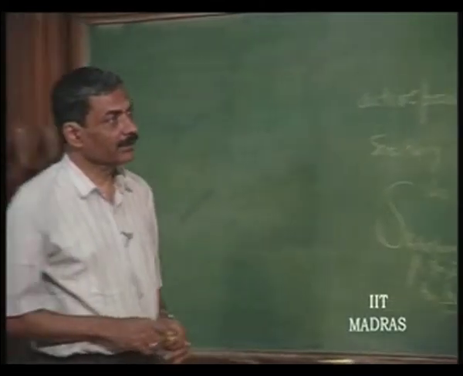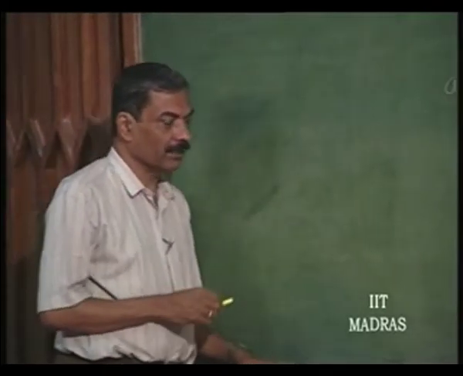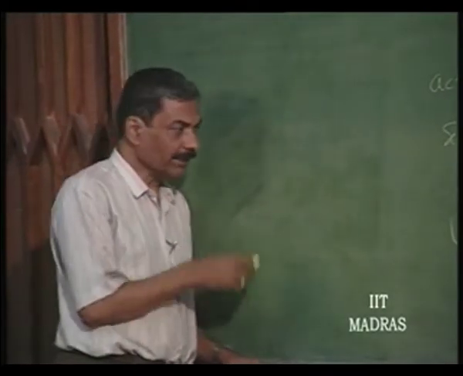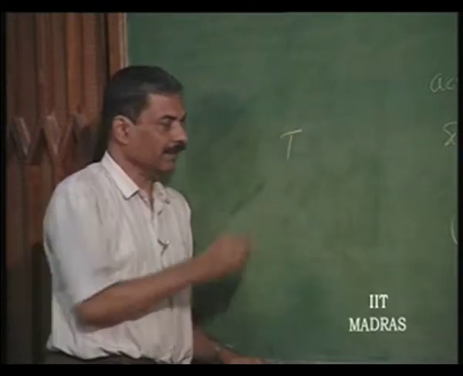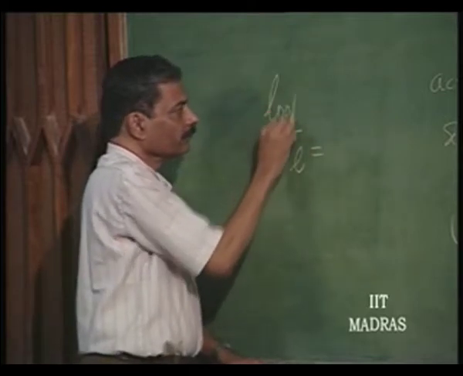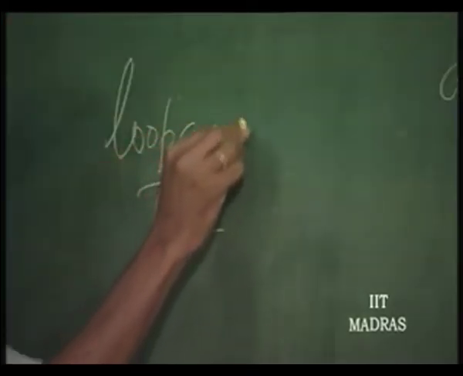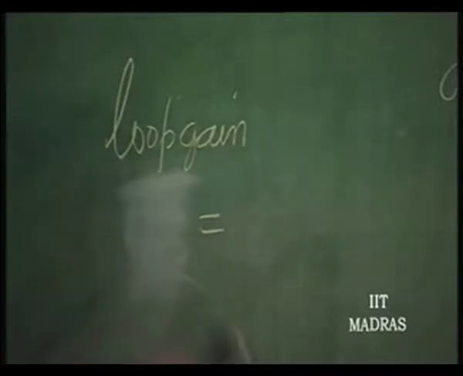Now, how does stability come into the picture in oscillators? This part we will discuss now. In any oscillator, we have discussed it in terms of two things. One is the loop gain. The loop gain becomes equal to 1, both in phase as well as magnitude.